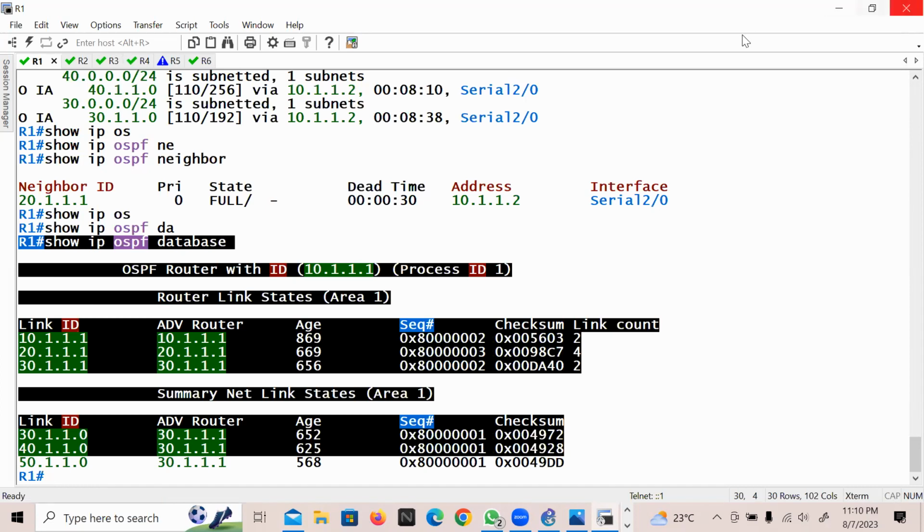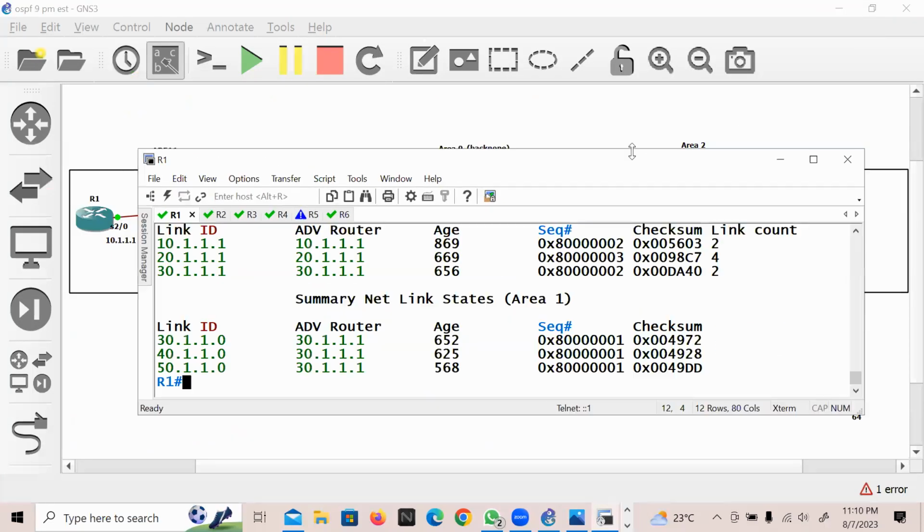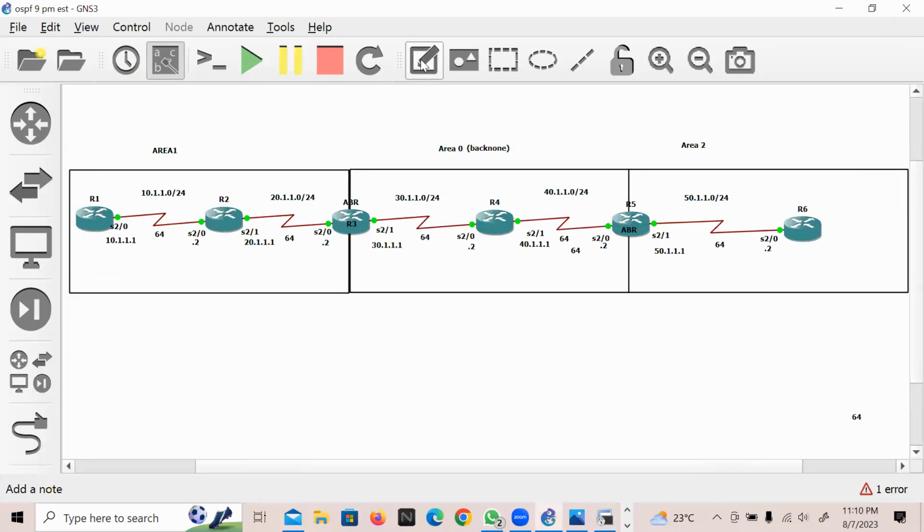One more topic I have pending after this lab. I will start the topic ACL and NAT. It's a very important topic. ACL means access control list, and NAT is network address translation.